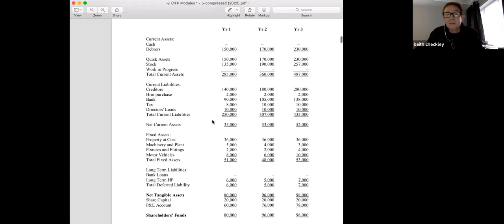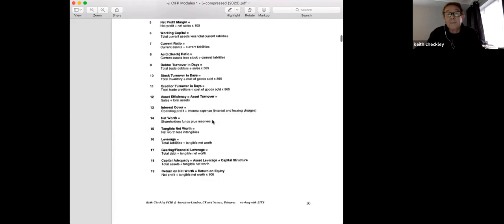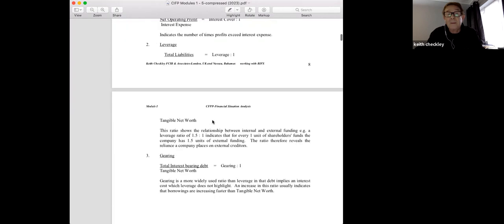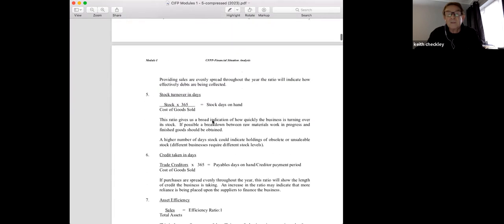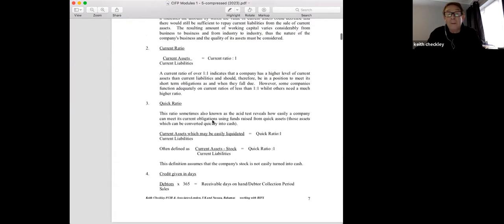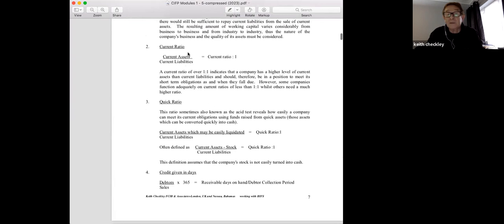Now let's look at the next ratio. The next ratio in this section is known as the current ratio. Now, some people have a different way of calculating this, but most times it's calculated in the manner that we're showing you here.